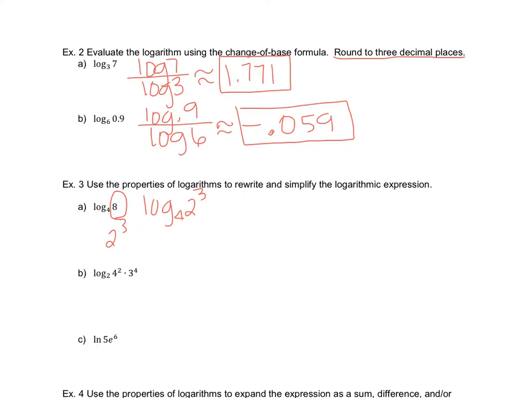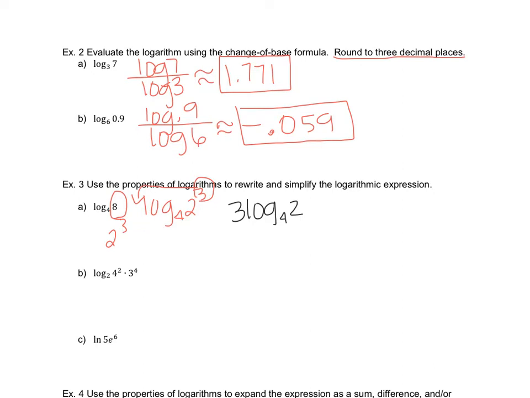Now, I'm going to use my log properties to drop my exponent down to the front. So notice, I'm going to rewrite it like this. Log base 4 of 2. Now, let's think about how could I write 2 where it has a base of 4.